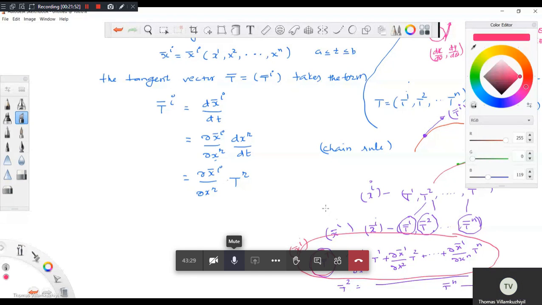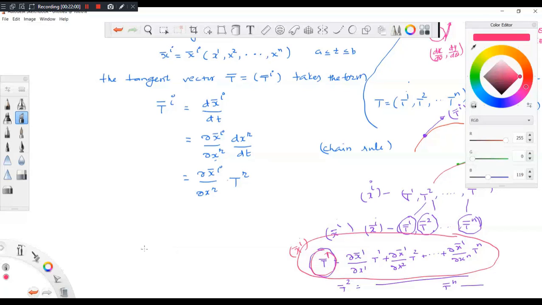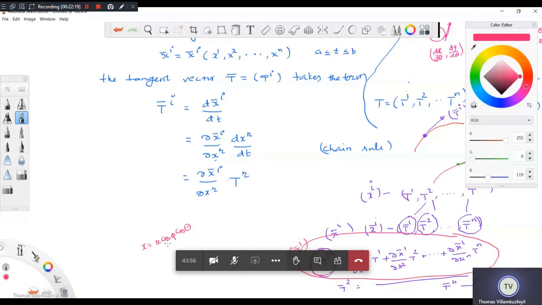No, it is not linear. How will it be linear? Look at this system: x is equal to r cos phi cos theta. So this transformation is not linear.